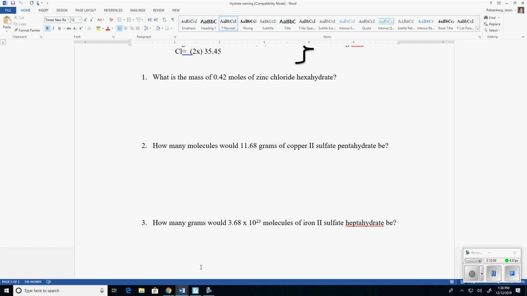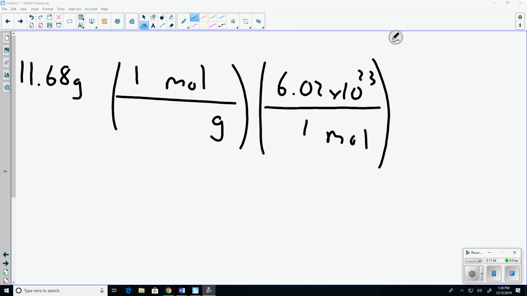I would definitely figure out the formula of copper 2 sulfate pentahydrate as my first step. Again, if we started with grams and we wanted to get to molecules, our step 1 would be dividing by the molar mass, which a lot of you I think are figuring out right now. Our step 2 would be multiplying by Avogadro's number.